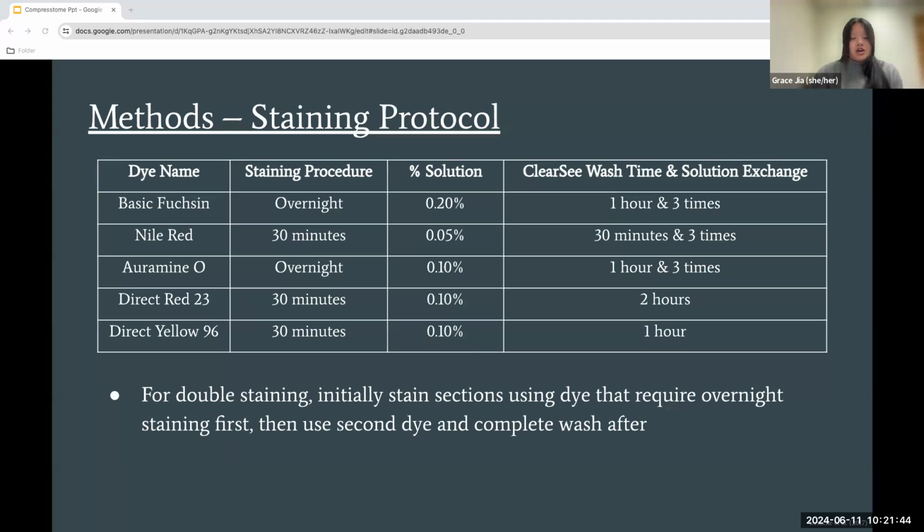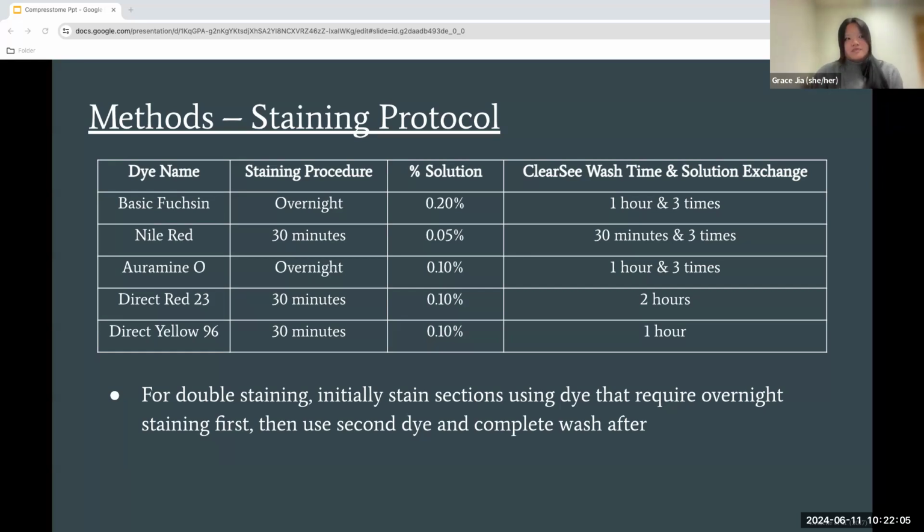Each of the solutions is then divided into its own specific concentration, as you can see, between 0.05 and 0.20%.